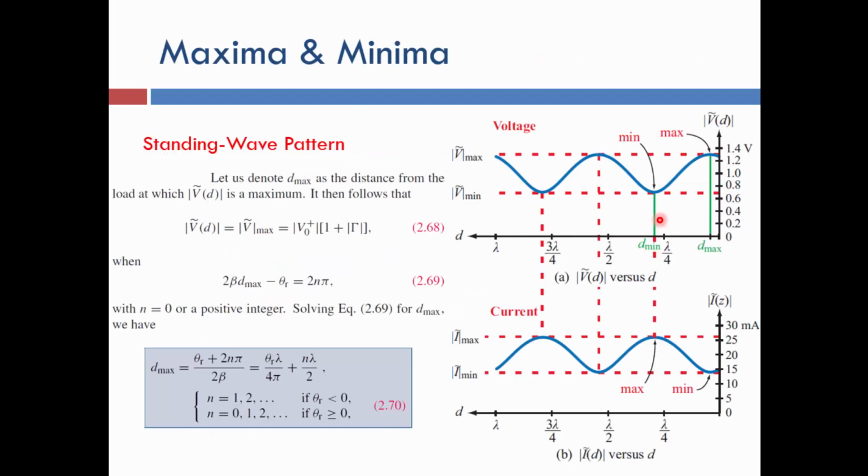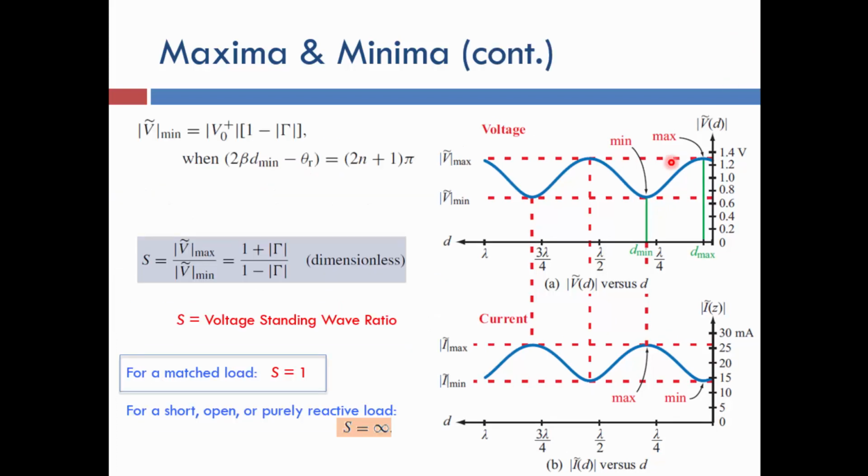Another parameter we could calculate to get knowledge about how much reflection there is along the transmission line is called the standing wave ratio. This standing wave ratio is 1 if we have the matching case. That means Z naught is equal to Z load and there is no reflection.